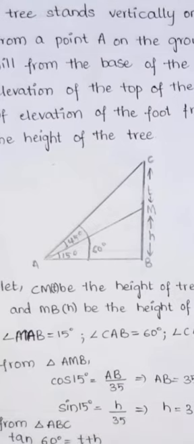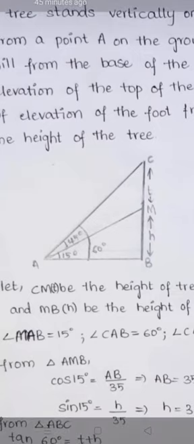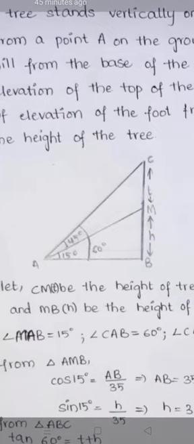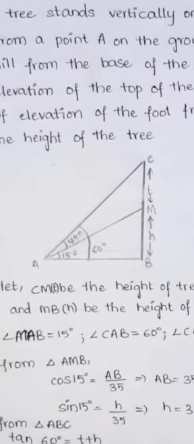From the point A to the foot of the tree, the angle of elevation is 15 degrees. To the top of the tree, from A to the point C, the angle of elevation is 60 degrees.